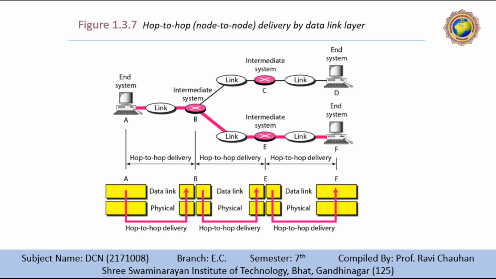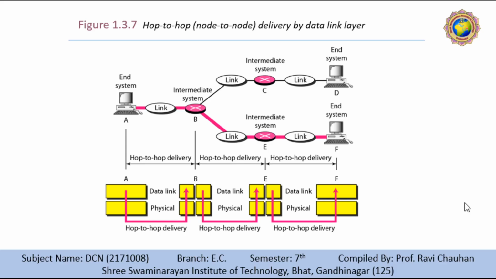The frame from A to B has B as the destination address and A as the source address. The frame from B to E has E as the destination address and B as the source address, and the frame from E to F has F as the destination address and E as the source address.